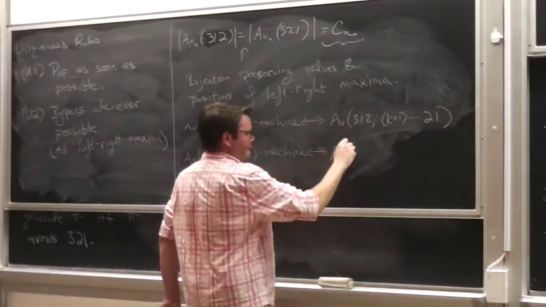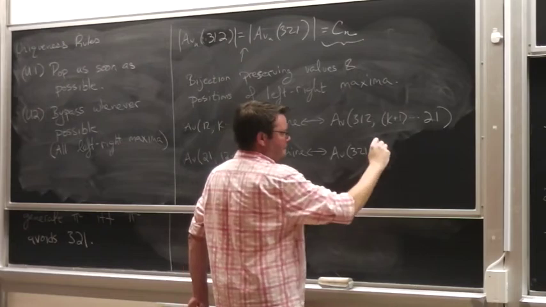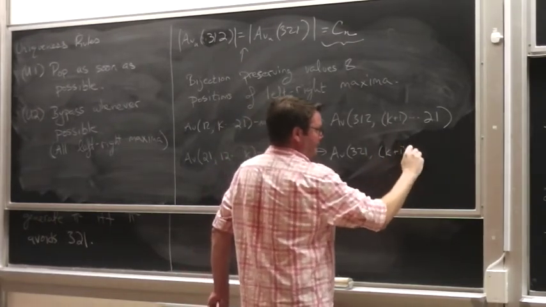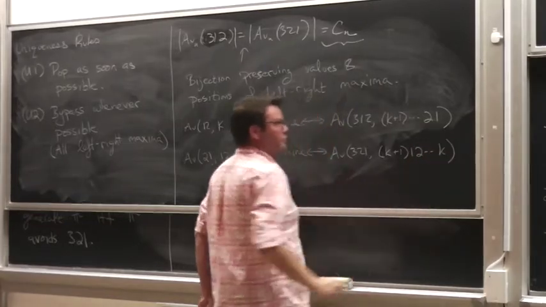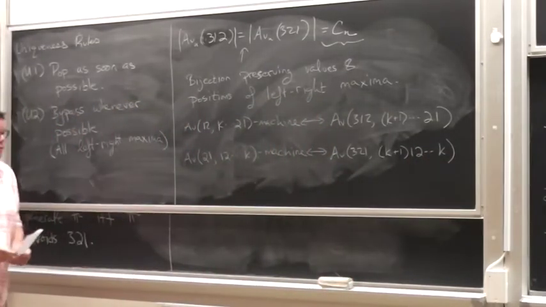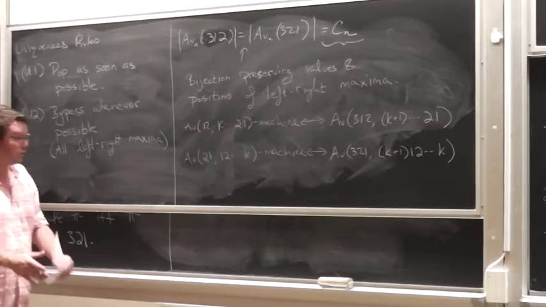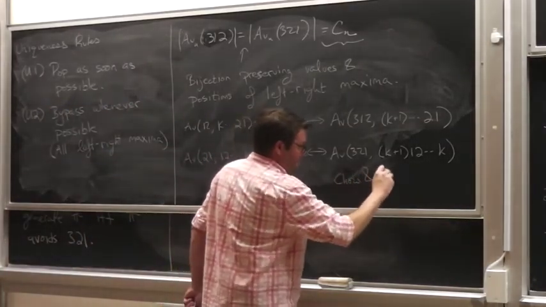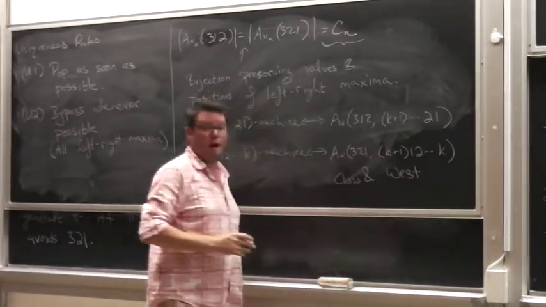This and two classes are equinumerous. So this was first noticed by Chow and West.